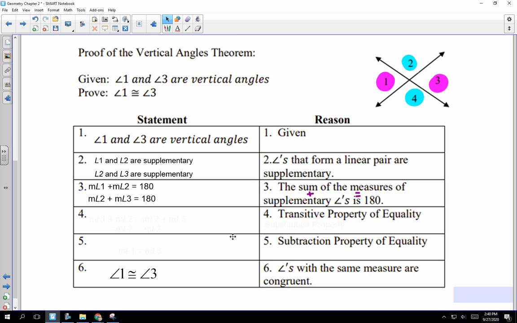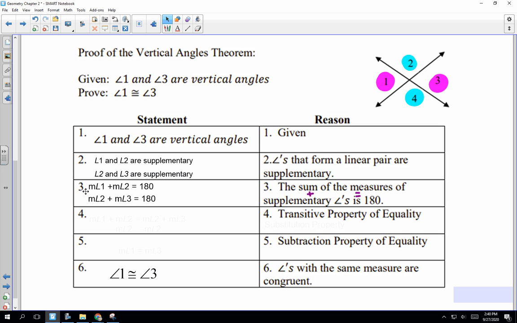Even if your brain is completely blank, we are going to use these as clues. Now we're going to take the 180s out of this because we just want angle 1 and angle 3 at the end. So we have to eliminate the 180s. We also have to get rid of the 2s some way.